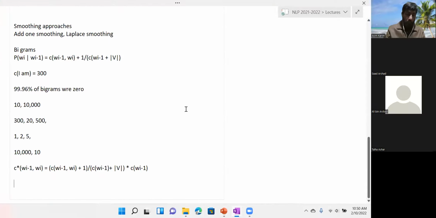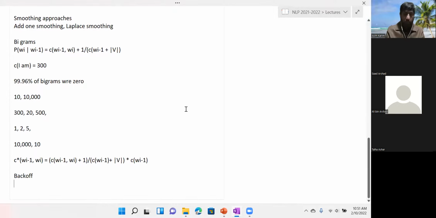The first one is what is called back off. Essentially, back off means that let's say you're trying to find the trigram probability, something like probability of Wi given Wi minus 2, Wi minus 1.